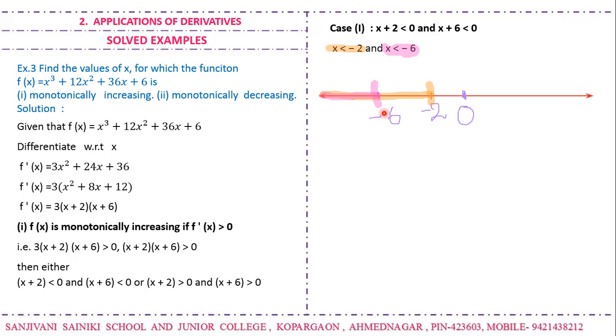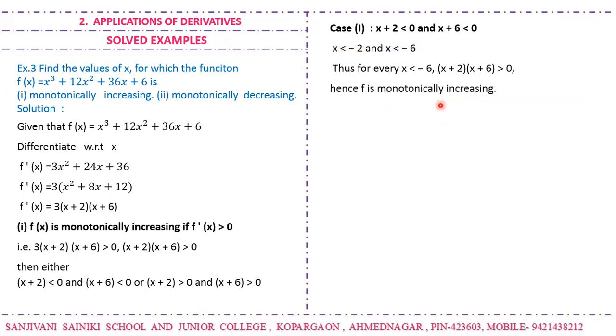If we choose x less than minus 6, definitely it is less than minus 2. So whatever number we choose below minus 6 will satisfy both conditions. So our solution set is x less than minus 6. Here the function is monotonically increasing.